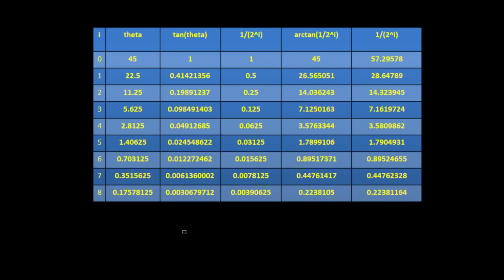So that's been quite a long video, and there's been quite a lot in it. Now I'll leave you here with this table, and these are the sets of angles that we're using. We use this set of angles in order to rotate the vector, which we've seen in pink, and we use this set of angles here to rotate our vector, which we've seen in blue, which is our initial angle.